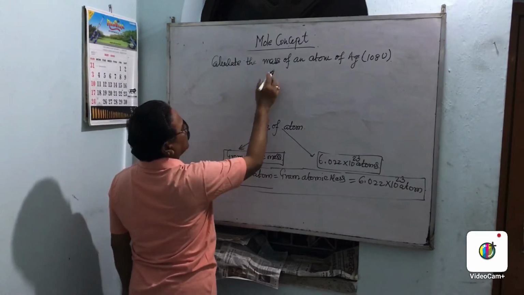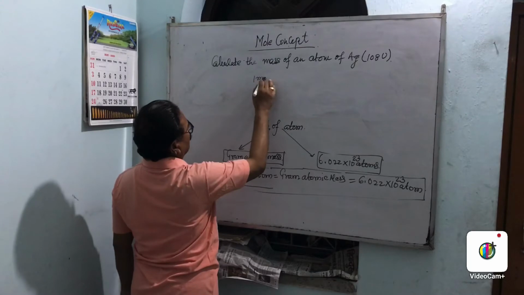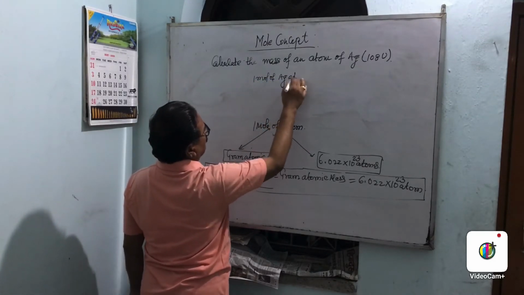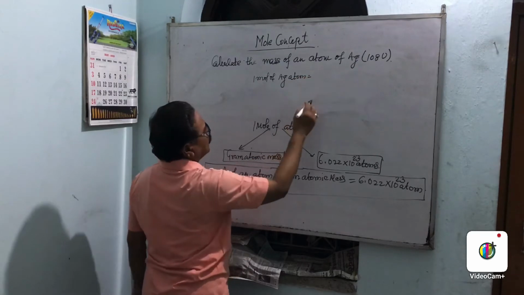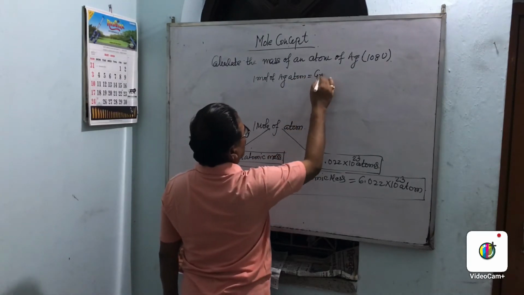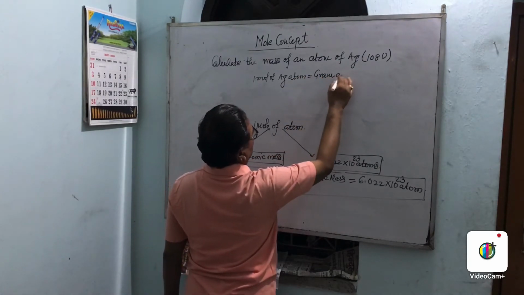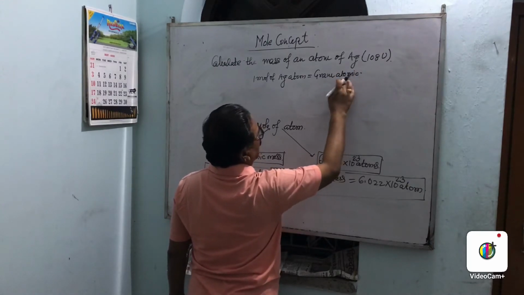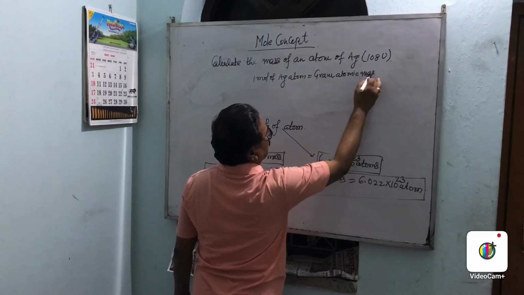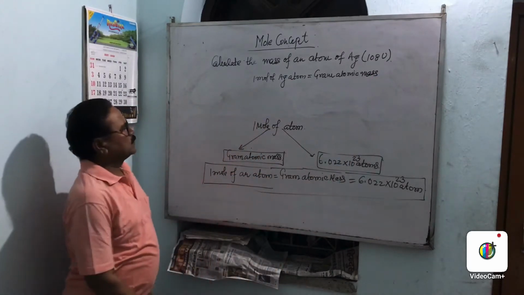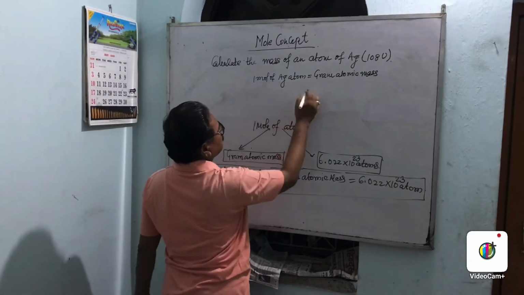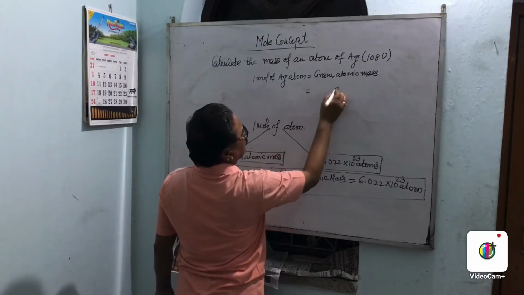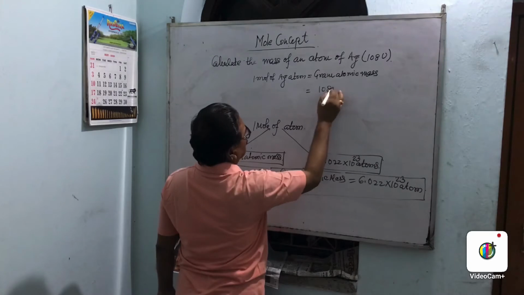1 mole of silver atom is equal to gram atomic mass. This 1 mole is equal to 108 gram.